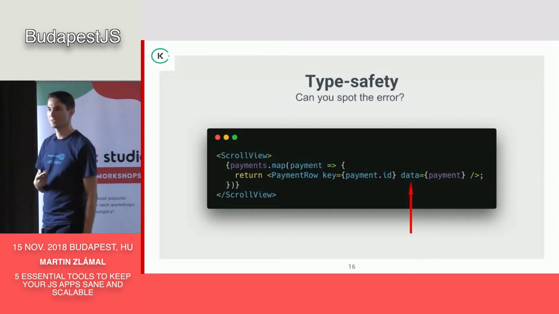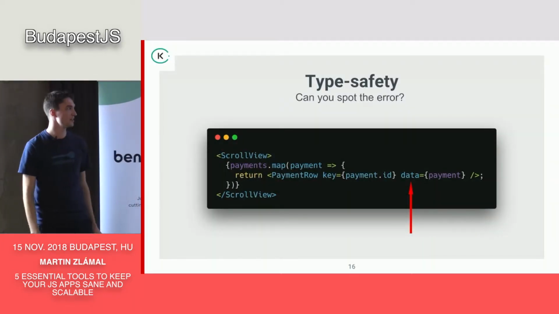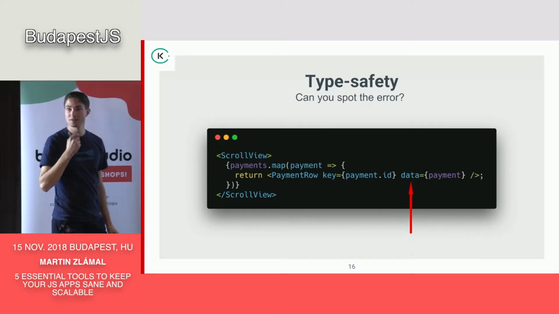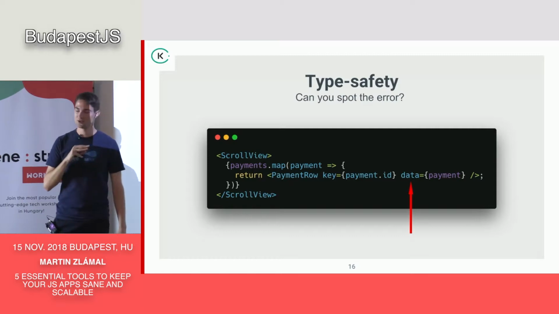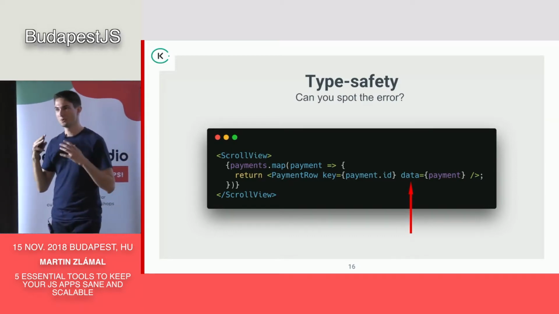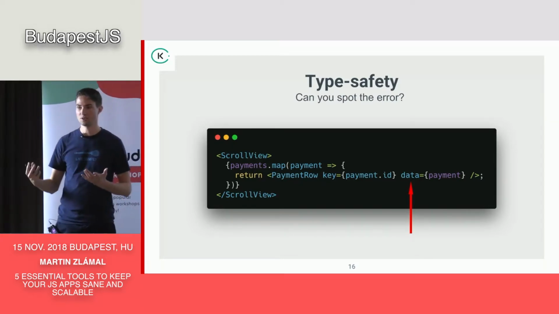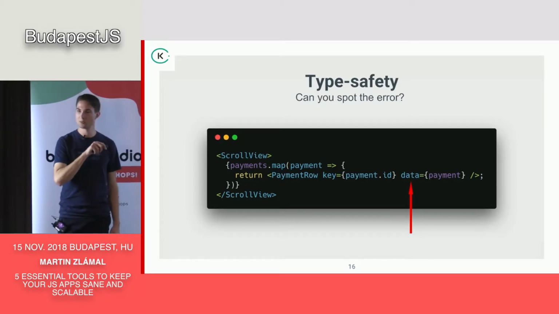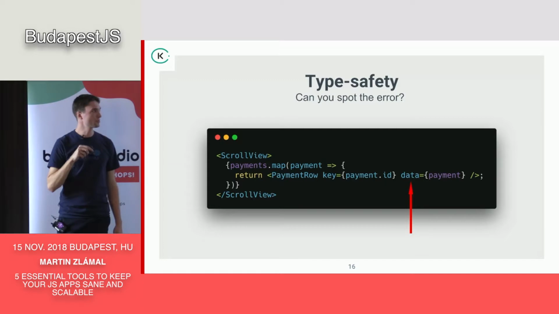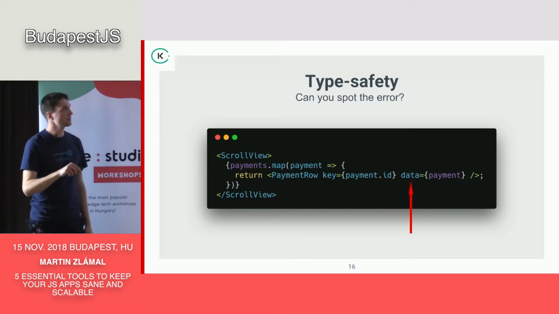Maybe you still don't get it, that's fine. And that's my point. Because if you want to find such an error in your React application, you have to know the context of these components. And actually, you would have to go into this component and read its internal implementation in order to understand that something is wrong here.